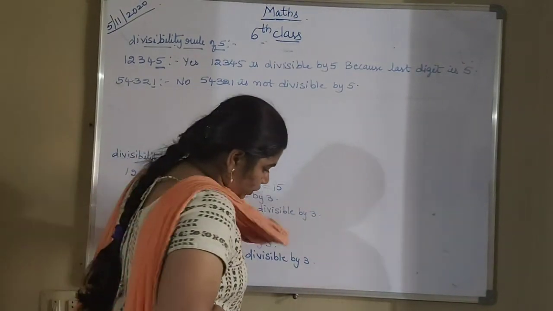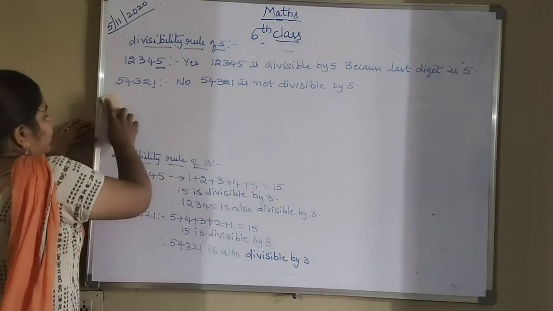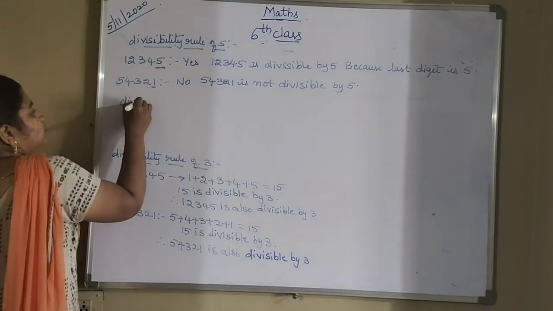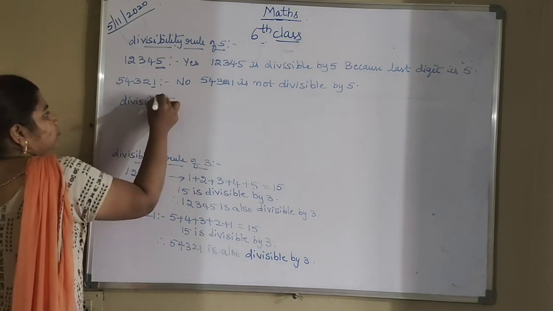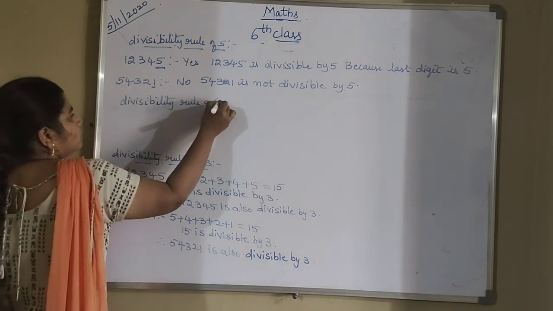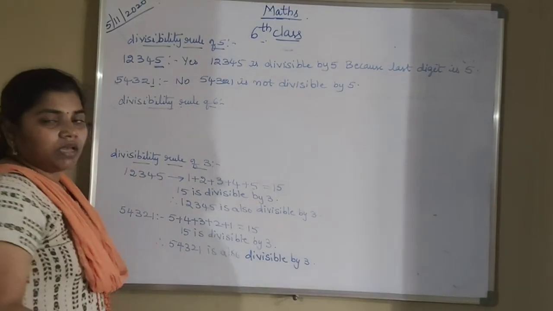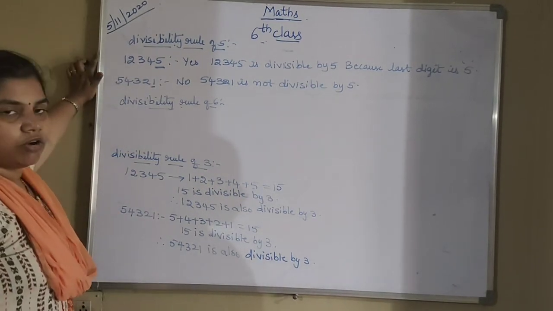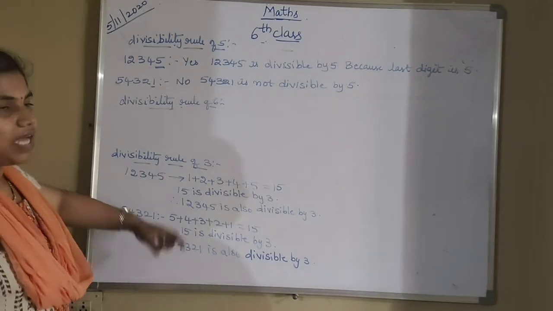Next we have to check for 6. If 2 and 3 are satisfied, automatically 6 will be satisfied. We have already done 3 and 2. But in the case of the divisibility rule of 2, 2 is not satisfied, and in the case of the divisibility rule of 3, both are satisfied.